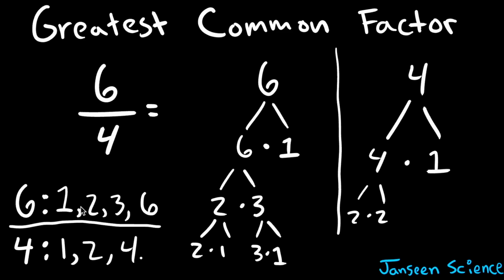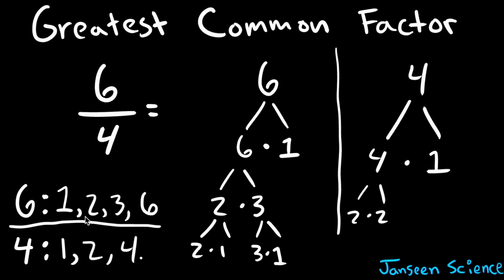Now let's go ahead and match and see which of these factors are the same and the largest. 1 and 1, they do match, but they're the lowest. 2 and 2, they're low, but they do match. Then we have 3 and 4, 6 and 4.